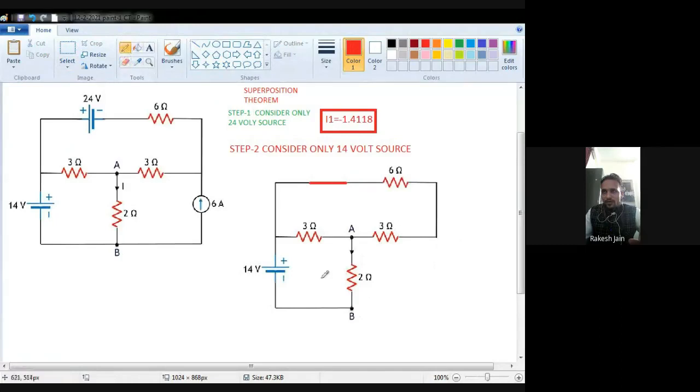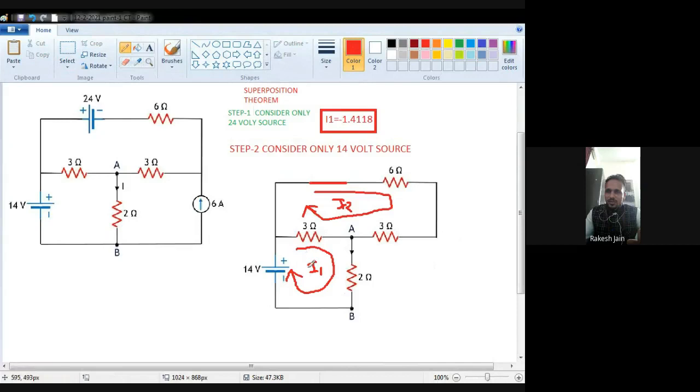So what is my I1? I1 is minus this 7.059, which will be moved to the right hand side, divided by 5. So now what will be the answer of I1? I1 will be equal to minus 1.4118.